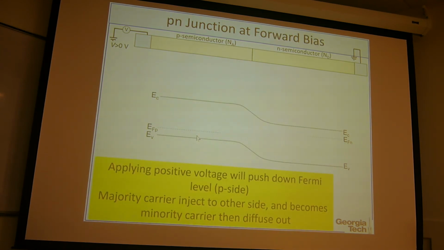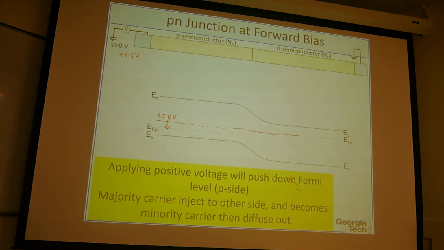So after you apply this positive 0.5 volts as an example, previously this EFN, we assume this N-type doesn't move as a reference. Now this EFP moves down by 0.5 electron volts. Why did that happen? This is what we discussed in the last lecture.